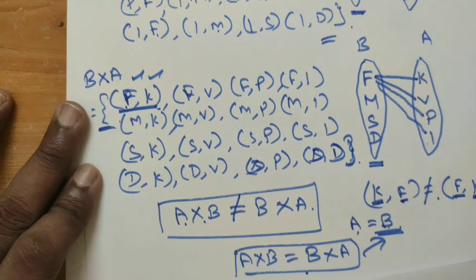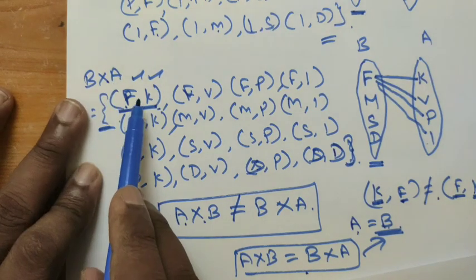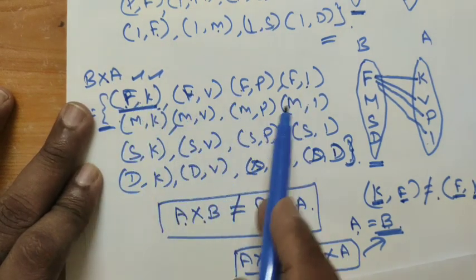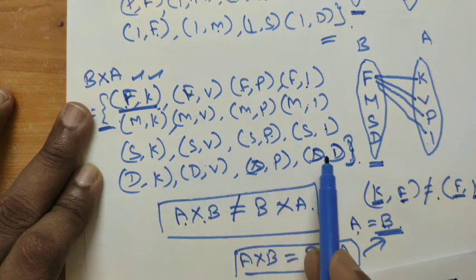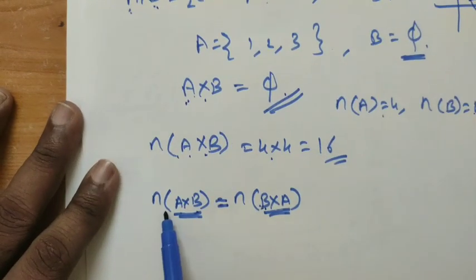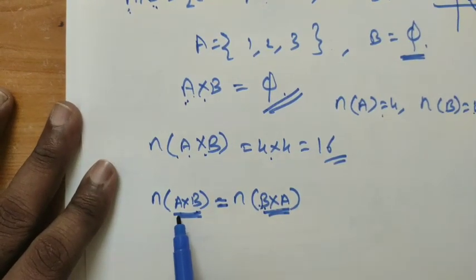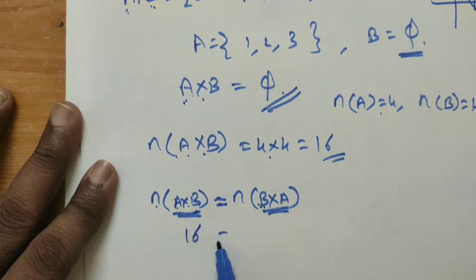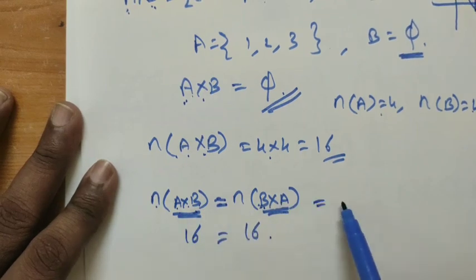We already counted B cross A: 1, 2, 3, 4, 5, 6, 7, 8, 9, 10, 11, 12, 13, 14, 15, 16. So the number of ordered pairs in A cross B is equal to the number of ordered pairs in B into A; both are equal.